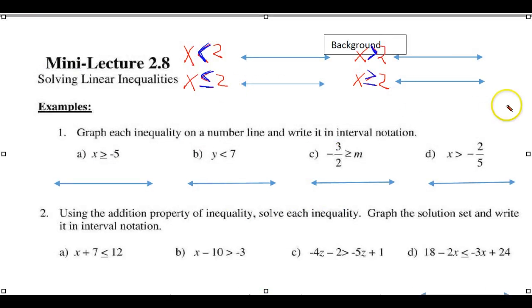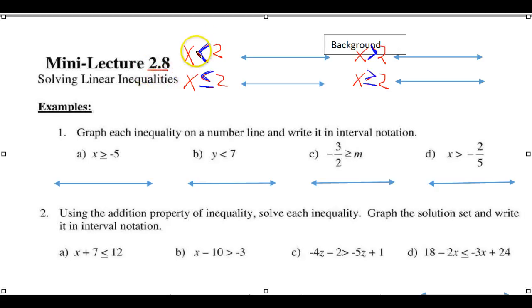Now, what I'd like everyone to do over on the left side of your booklet is to do this background information I'm going to do with you, and that is how to graph inequalities on a number line. This is going to be one of the big things for topic 2.8.